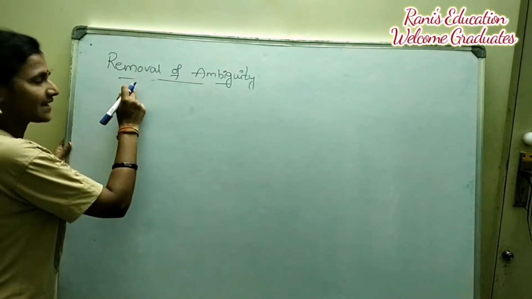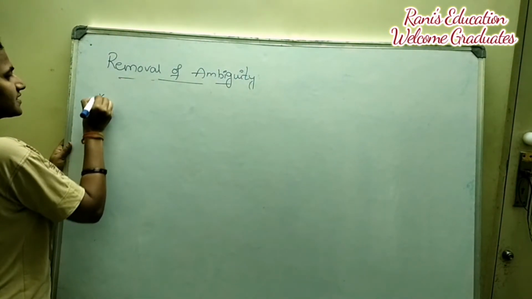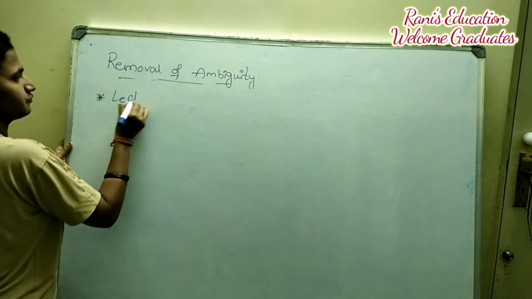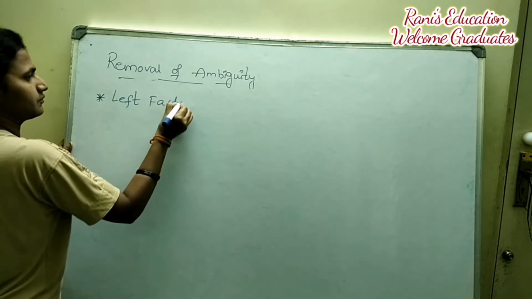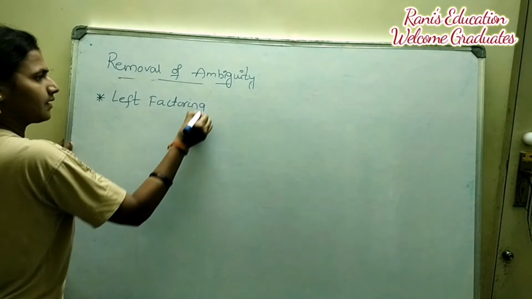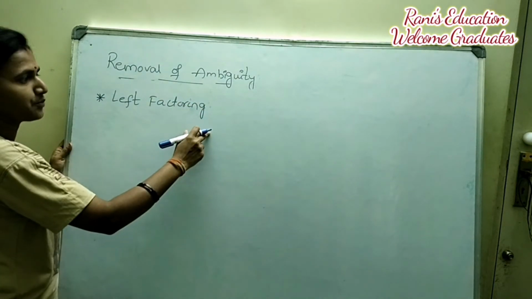The second method is left factoring. Observe the grammar production.